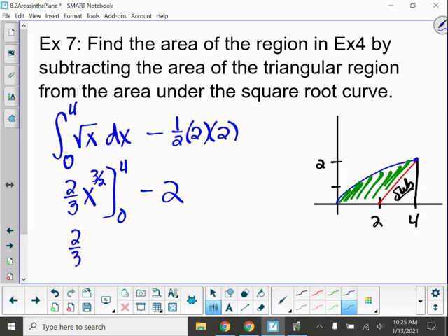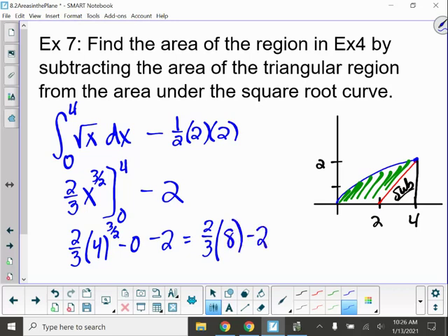So this is 2/3 4 to the 3/2 power, again minus 0, because when you plug in 0, you're going to get 0, minus 2. 4 to the 3/2 power, we can take the square root of 4, and that's going to be 2. Then to the 3rd power is going to be 8. So 2/3 of 8, and then subtract 2 from that. Surprise, surprise, you still get the 10/3 like you got before.